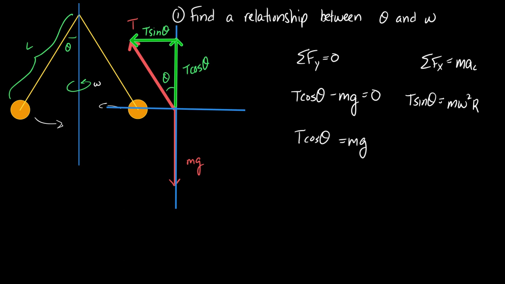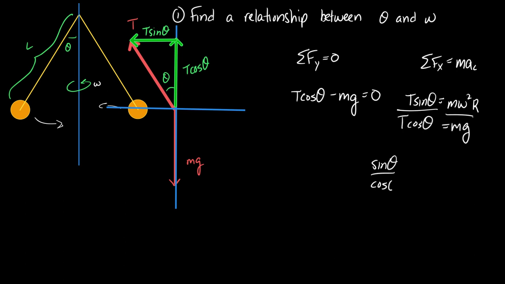All right? So I'm just going to do a little dividing here, dividing the left side and the right side. I could do it this way if you're okay with it, but if you wanted to see it explained differently, I can. That means the left side will be sine over cosine, because the T's cancel out, and on the right side the m's cancel out and I get omega squared R over g.